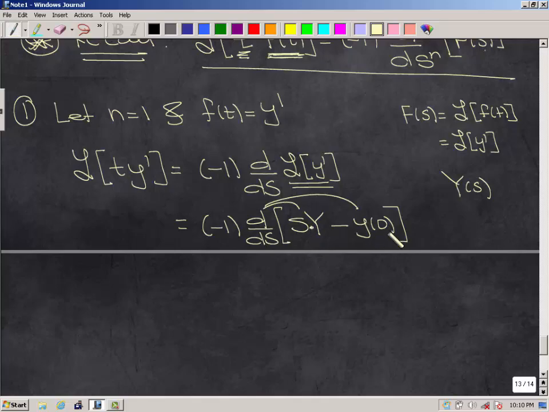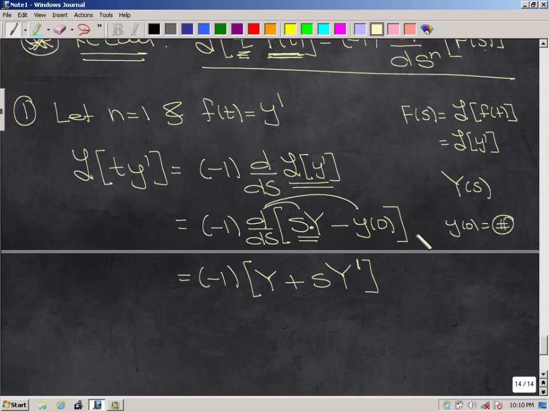And y of 0, remember, y of 0 is my initial condition. It's always equal to some number, right? So it's a constant. So when you take the derivative of that, you're just going to get 0. So we'll end up with -1 times, when you do product rule here, you get big Y minus s times big Y prime.